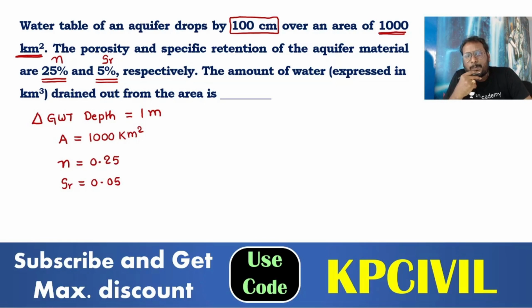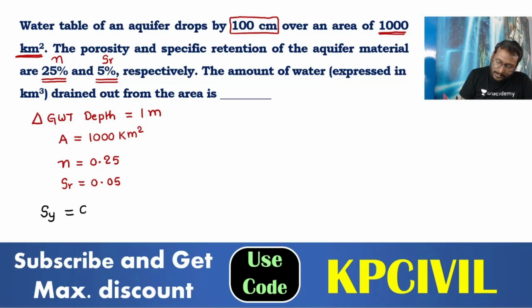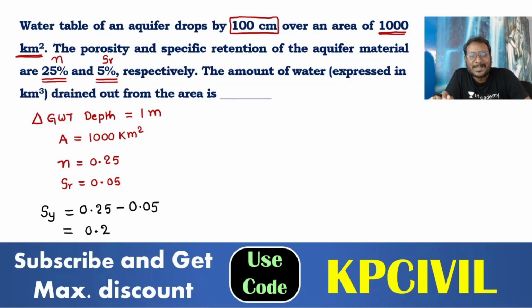If porosity and specific retention are given to you, you will get the specific yield. Specific yield is equal to porosity minus specific retention. 0.25 minus 0.05, specific yield is 0.2. Simple, no?